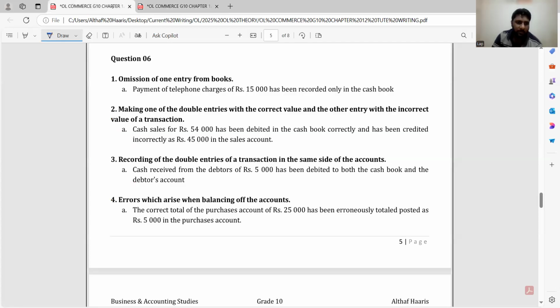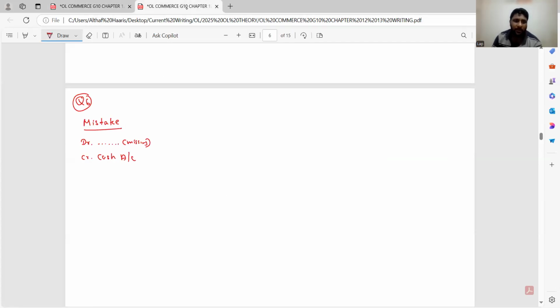Cash account, how much is that? 15,000. Now, if you prepare a trial balance from this, which is wrong: debit side, you have nothing because you have missed it.